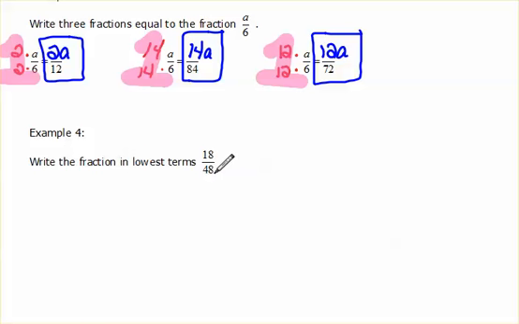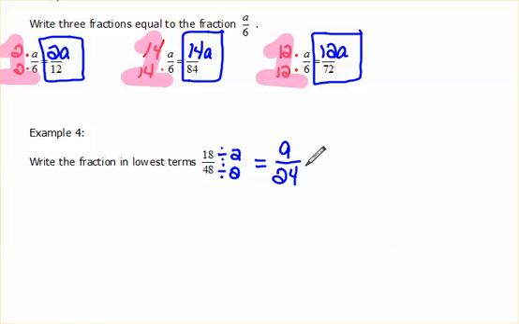So we needed to see what can we divide out of both of these terms. So I know that the top number can be divided by 2, so I'm going to do the same thing to both the top and the bottom. So 18 divided by 2 would be 9, and 48 divided by 2 would be 24.